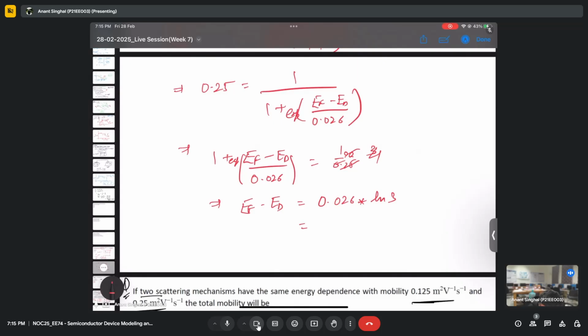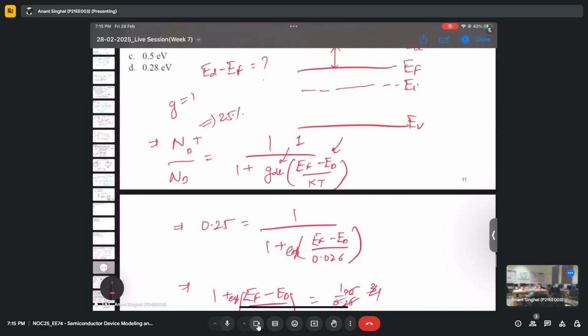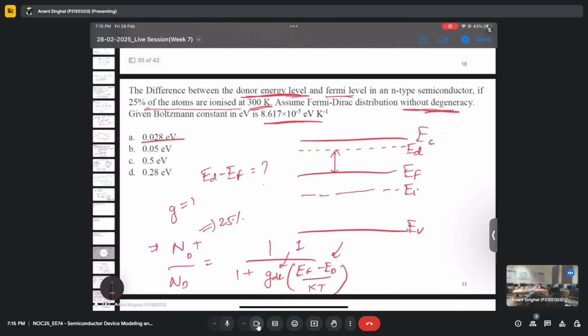So this is coming out to be 0.028. This is option A. So option A will be the correct answer to this particular problem.